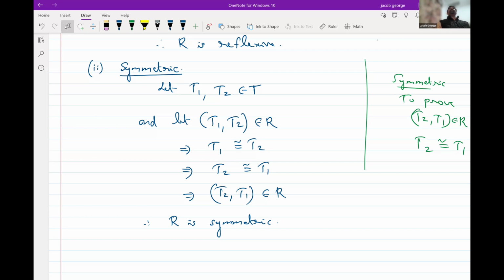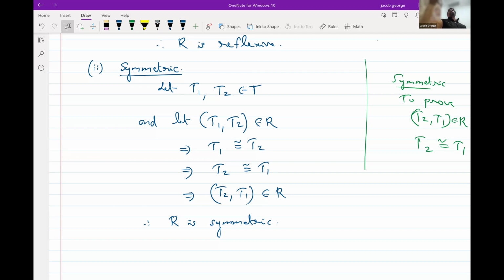If T1 is congruent to T2, we can write T2 is congruent to T1. That means (T2, T1) element of R. Therefore, R is symmetric.